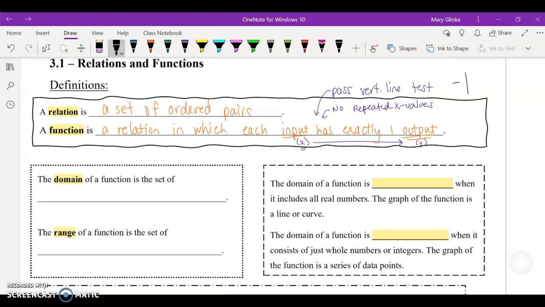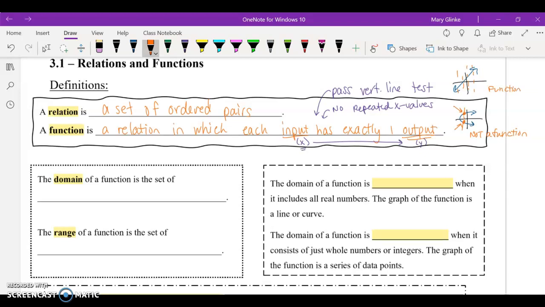Meaning if you have a graph with some sort of function, you should be able to draw a vertical line in such a way that it only touches the function in exactly one spot. Sometimes you'll have a graph, and when you draw a vertical line through the graph, it might touch the graph in two spots. That would mean it is not a function. It would fail the vertical line test.